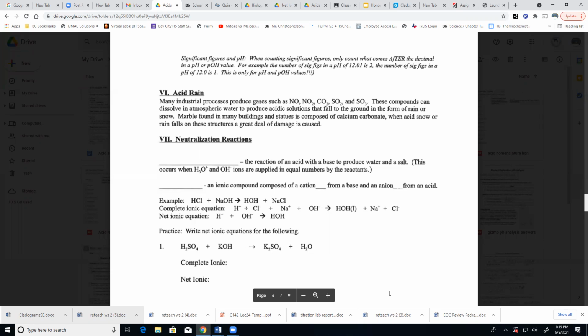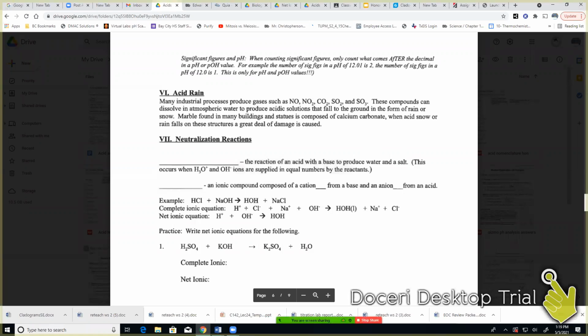So industrial processes produce gases like nitrogen monoxide or nitrogen dioxide, carbon dioxide, sulfur dioxide, sulfur trioxide. So when the water comes down, the water will combine with that and produce acids like sulfuric acid or carbonic acid. And that's what we're talking about when we say it has acid rain.